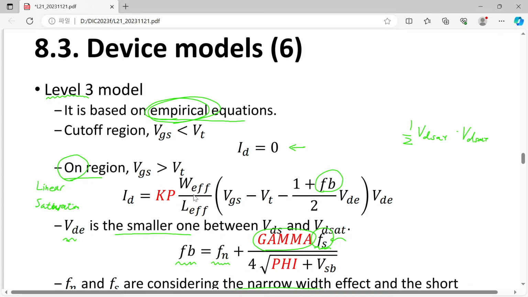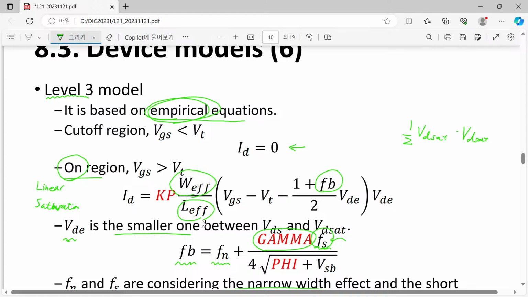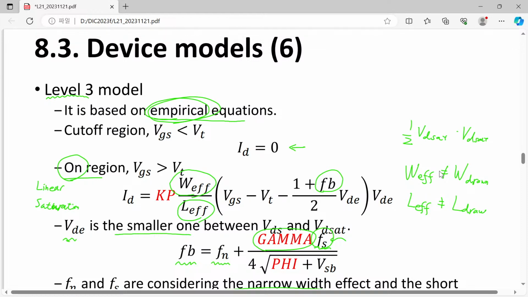We also have to understand that although here we are just writing L effective and W effective, in general these are not the drawn length and width. They can be different, and depending on the MOSFET model, they have complicated expressions for effective width and effective length.